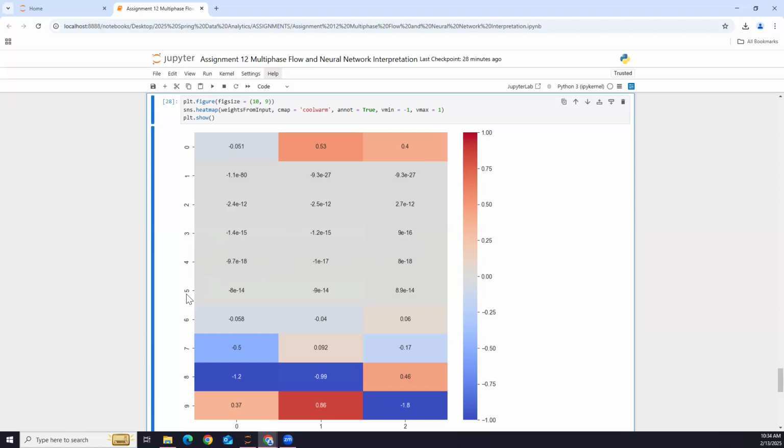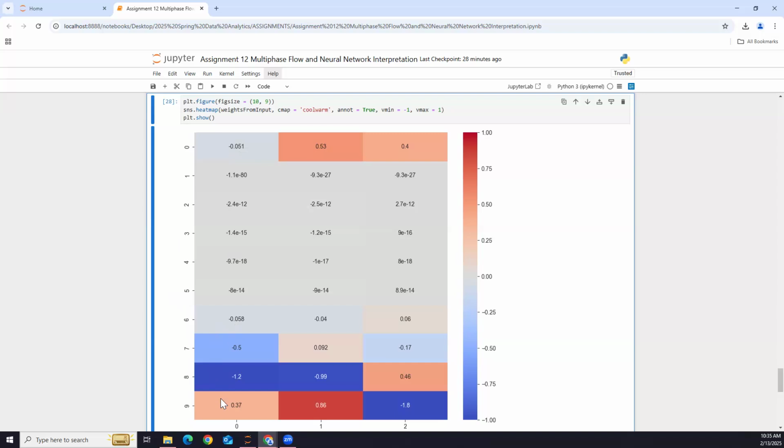And so what the neural network is essentially saying is that the most important inputs or features that enabled me to make this classification are input feature 0, input feature 6, 7, 8, and 9.